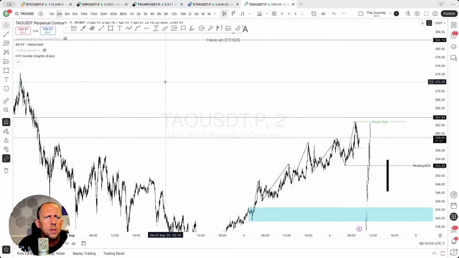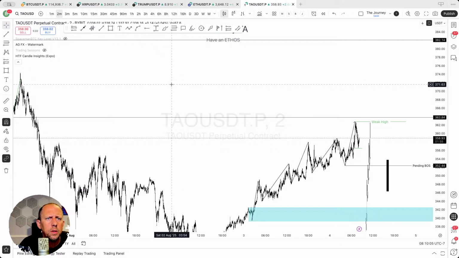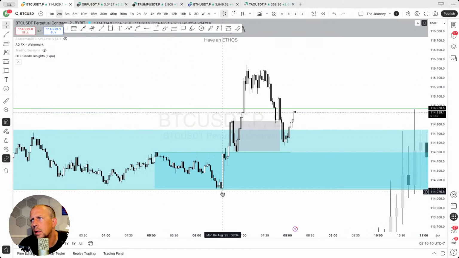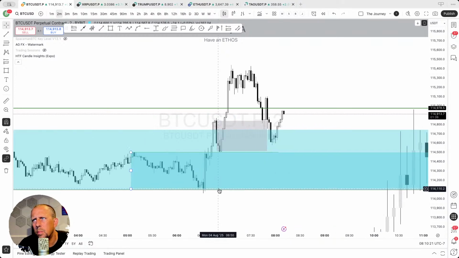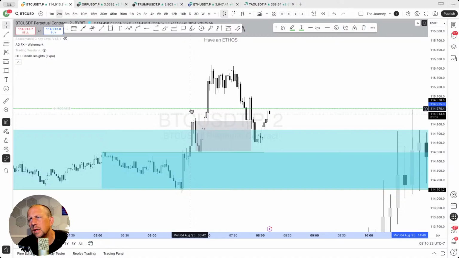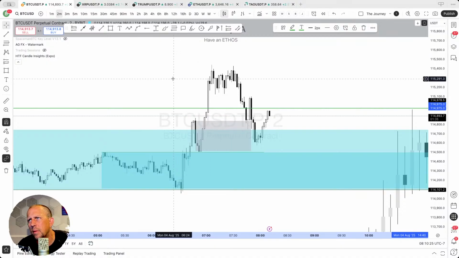What are the chances of BTC sweeping the current low and SFP at 110? Low, very low. I mean, not zero, but fairly low.